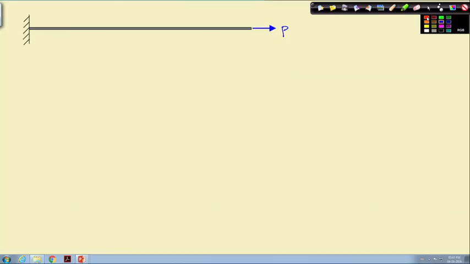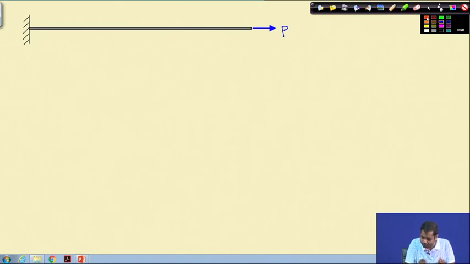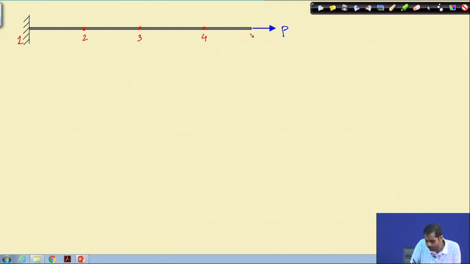So, like in matrix method of analysis, let us divide the entire bar into several parts. You can divide into many parts. Suppose we divide into 4 parts. So, this is node number 1, node number 2, node number 3, 4 and then 5.